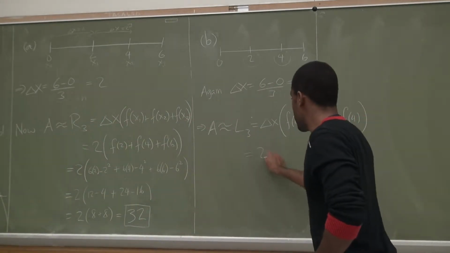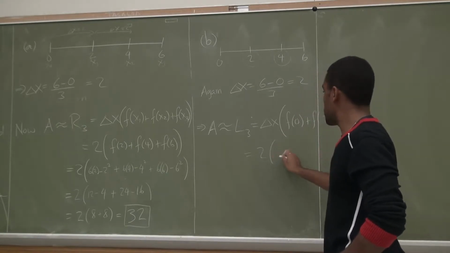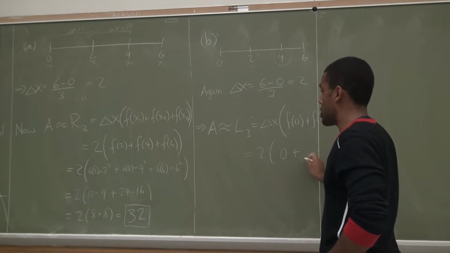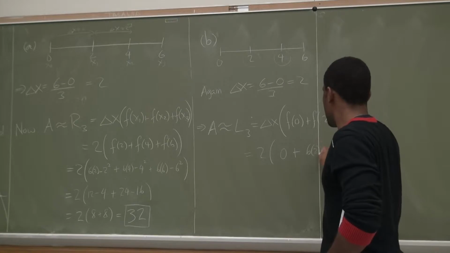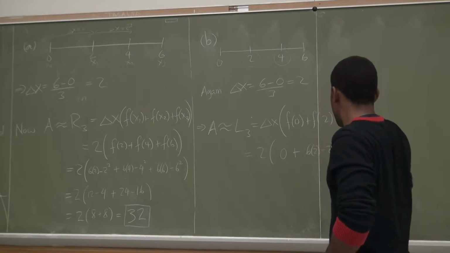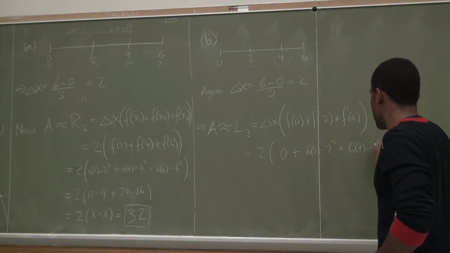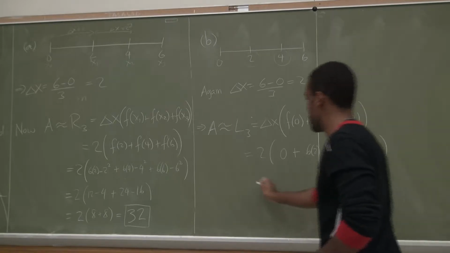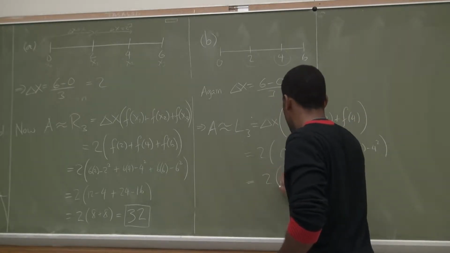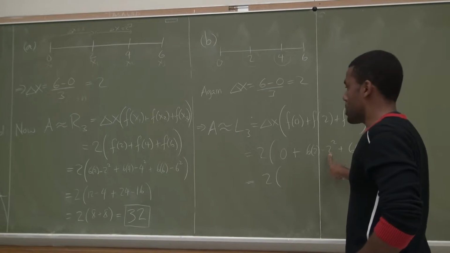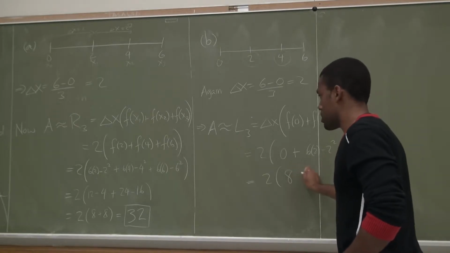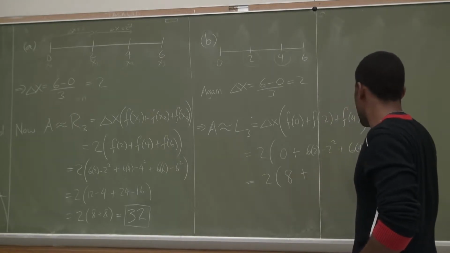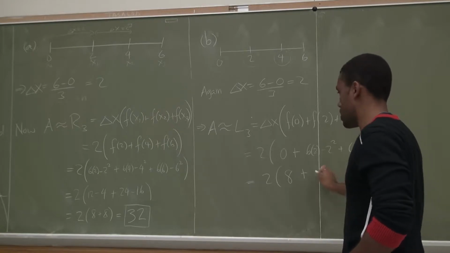So this would just be 2 times 0 plus 6 times 2 minus 2 squared plus 6 times 4 minus 4 squared. So this we computed before, that was 8. And this guy was also 8.